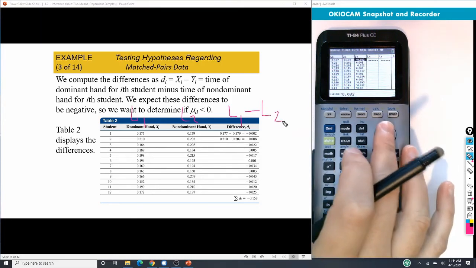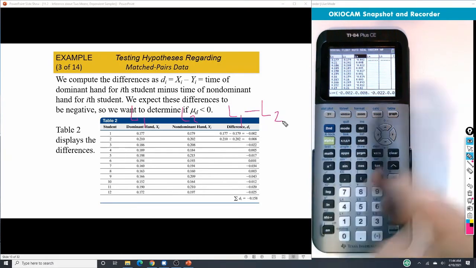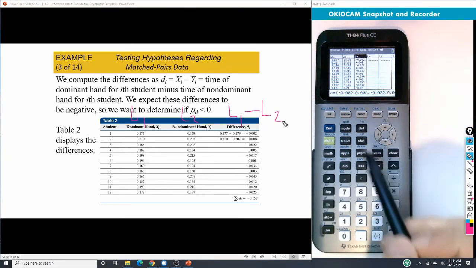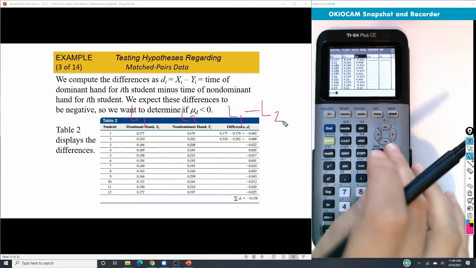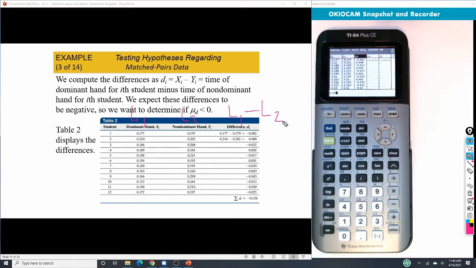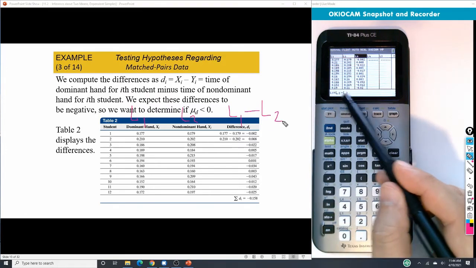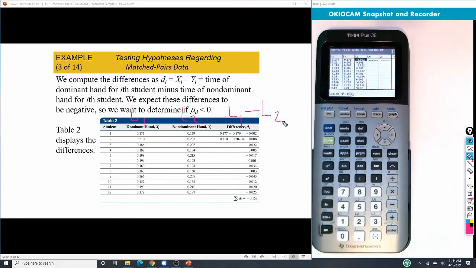Now, to do that, you just go up and highlight the L3 up here, and then in the bottom down here, I'm going to press clear, because I already have the stuff here. You see the stuff's not going to change. We're going to hit second number 1 minus second number 2. So now you can see I have L1 minus L2 in our L3 place. Press enter, and it preloads all that for us. We don't have to go through and do all that subtraction ourselves. The calculator will do that for me.